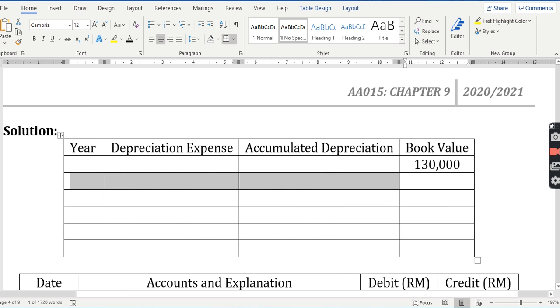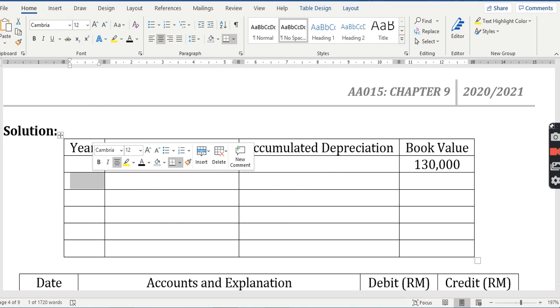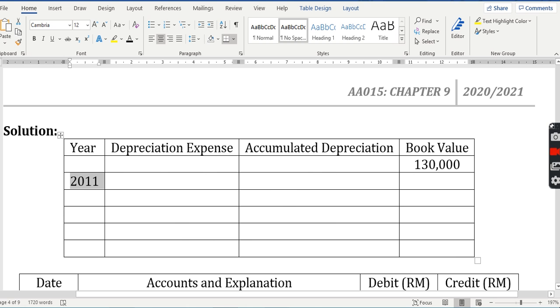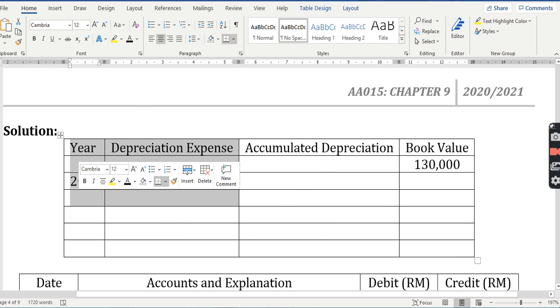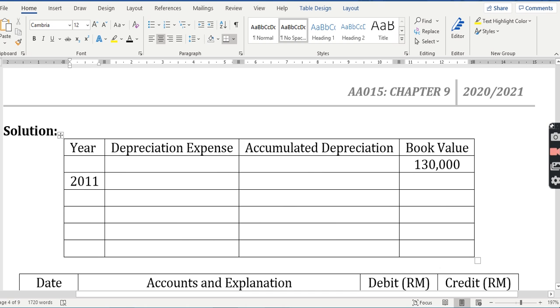The first year of the asset will be 2011. As we calculated earlier, the depreciation expense is 24,000. So here the depreciation expense for the first year will be 24,000.